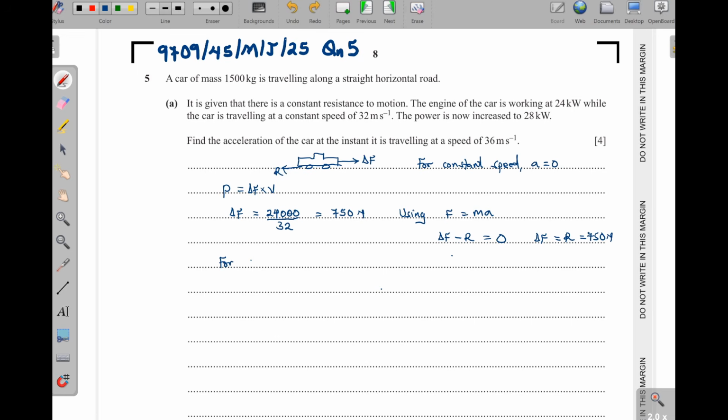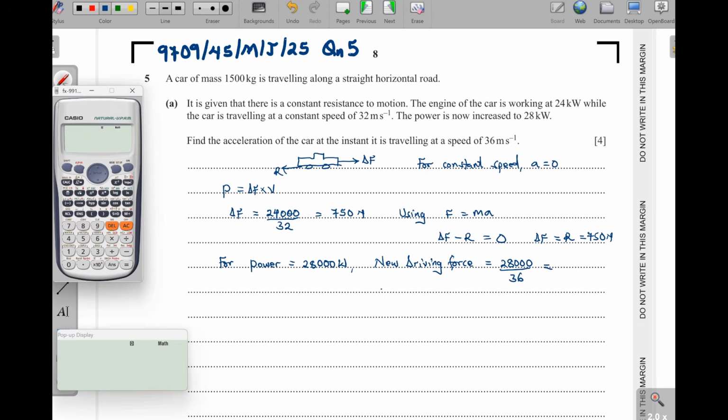So for power, which is equal to 28,000 watts, the new driving force is going to be equal to this 28,000, then we shall divide by that new speed, which is 36.